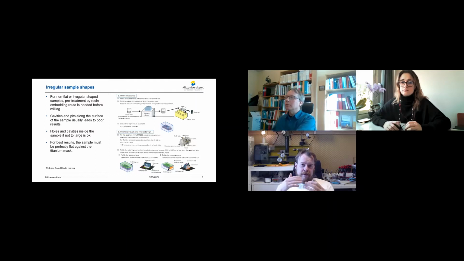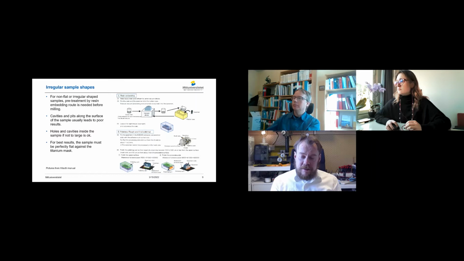Every sample you're going to cross-section must lie completely flat against the mask of the tool piece. If there are cavities or holes between the sample and the mask, that will disturb the plasma beam and create a very bad cut for you.